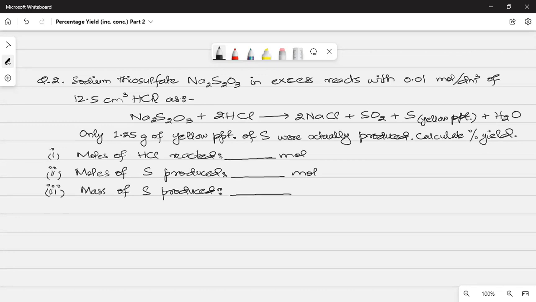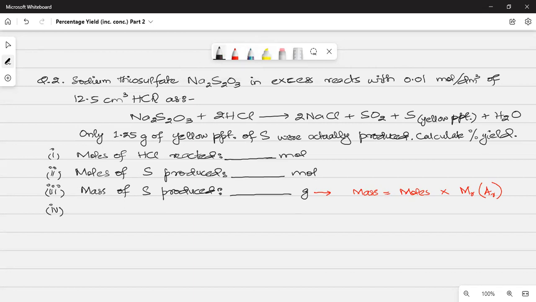Here we are talking about a solid, so we need mass, and for mass we need grams, which means your formula is going to be mass equals moles multiplied by Mr. In this case, it's just sulfur, so we'll be using the value of Ar, the relative atomic mass of sulfur, as Mr for this question. That's why I've specified Ar in brackets.